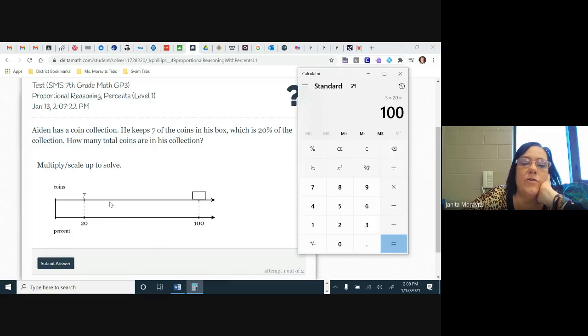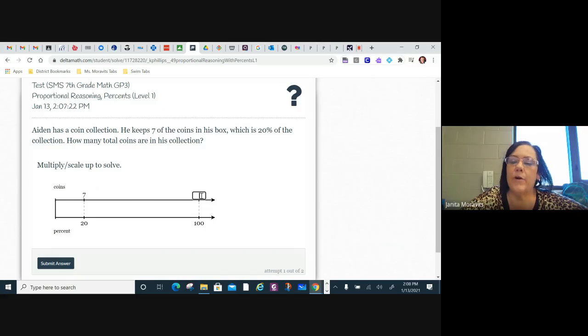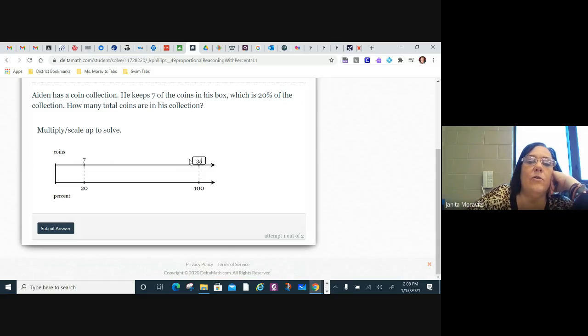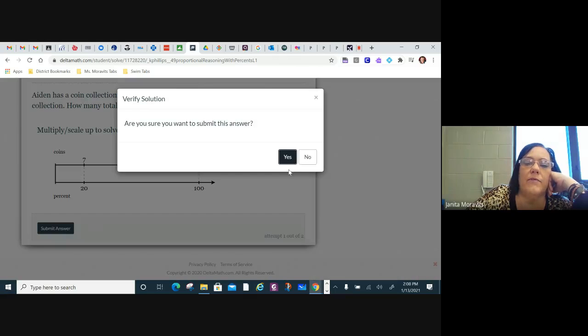So we've got 20 here, so we're going to multiply by 5. 20 times 5 gave us 100. 7 times 5 gives us, and we're not even going to put that on a calculator because you guys know that 7 times 5 is 35. So he has 35 total coins. So 7 of them make up 20% of his collection.